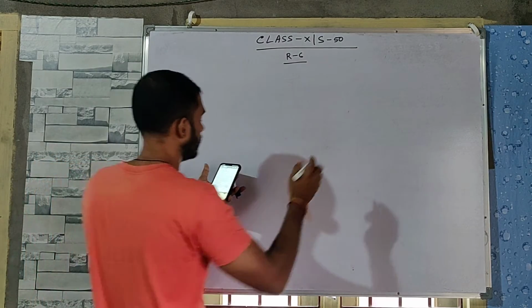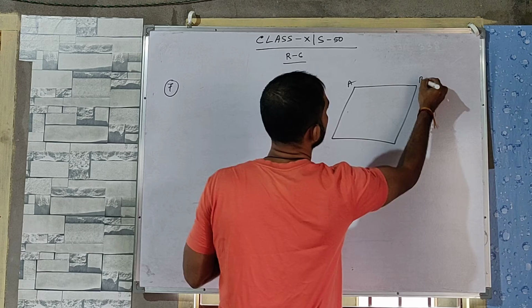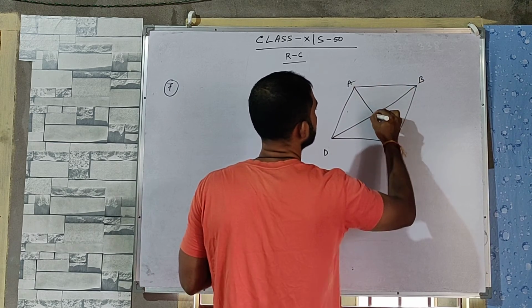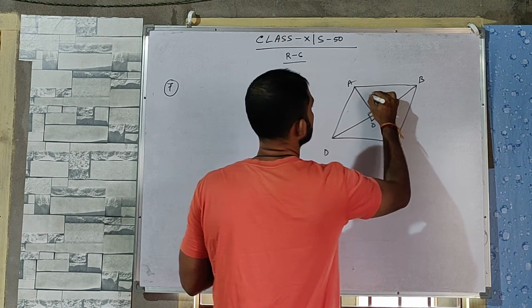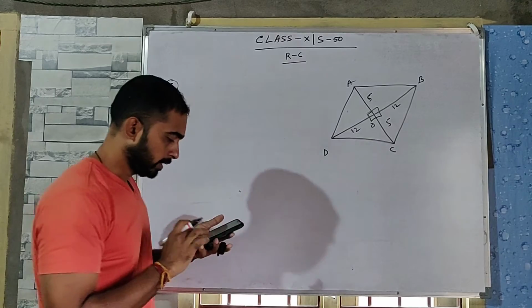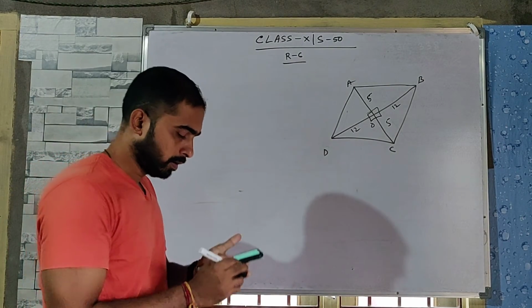ABCD is the rhombus where the diagonals are 10 and 24. Then the question is find the perimeter of the rhombus and area of the rhombus.